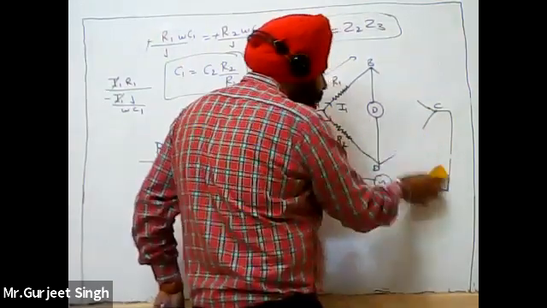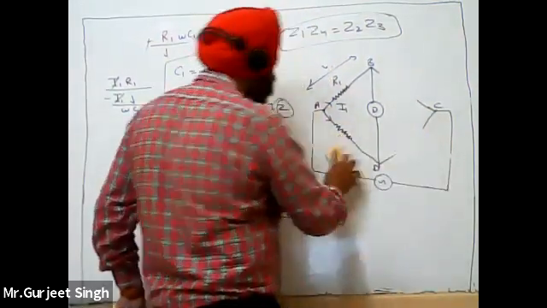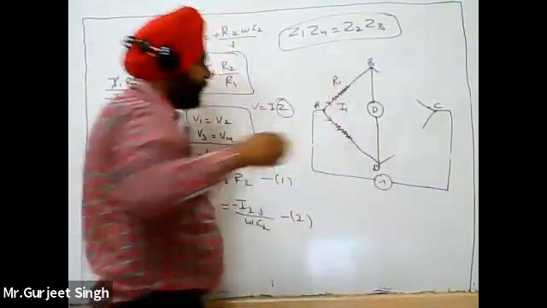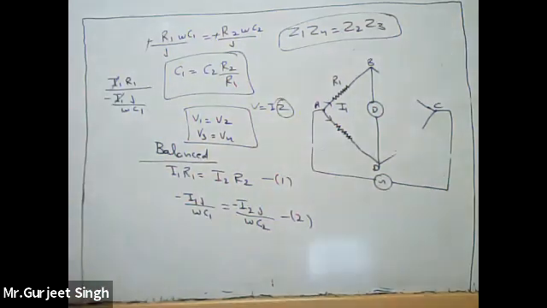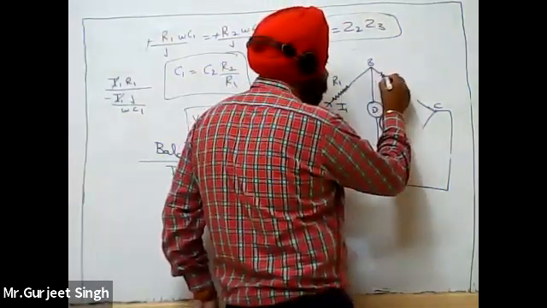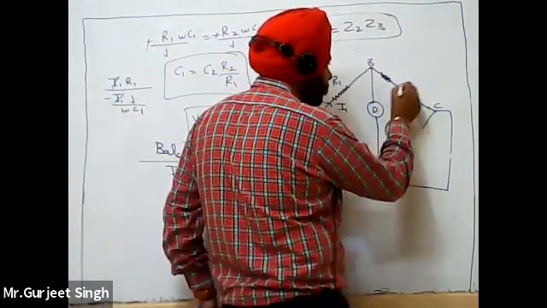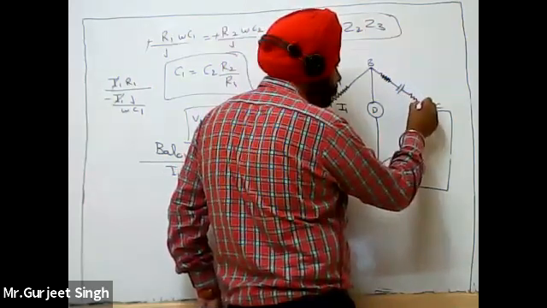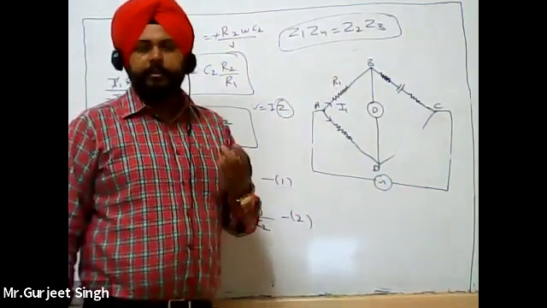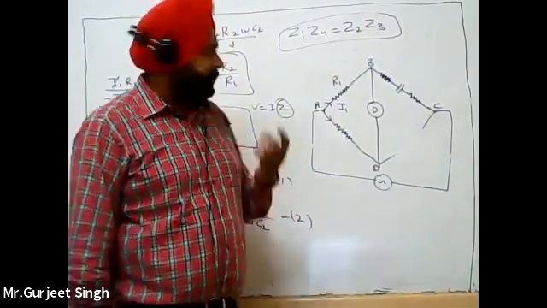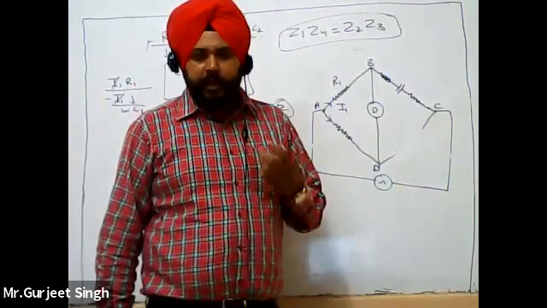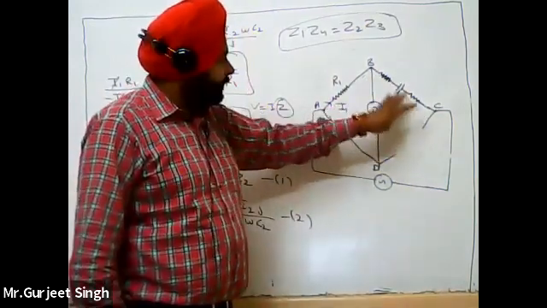What modification have we done? Here we have an R3 resistance, then a capacitor, then again one resistance. When we use a capacitor, it is difficult to get the detector zero reading. So to overcome that drawback, we have modified this Schering bridge.